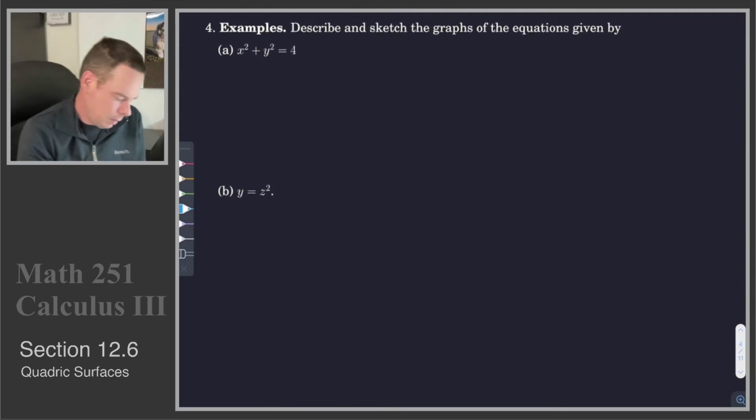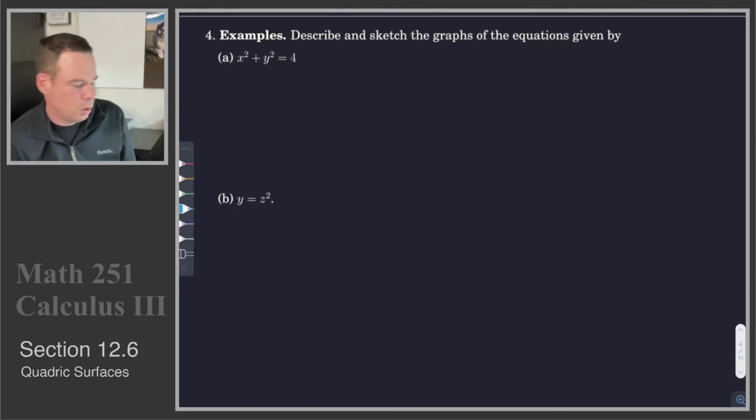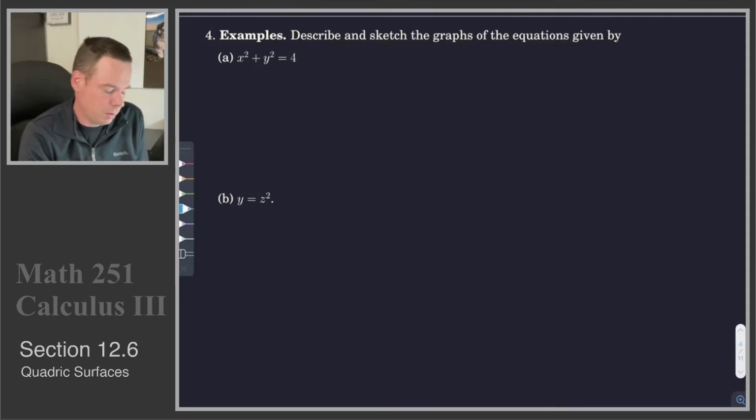Now let's get some practice in sketching some graphs, and we're going to use the idea of traces to do that. So this next one is x squared plus y squared is equal to 4. So we want to find the set of all points x, y, z. Again, we're in 3 dimensions, so it's all points with coordinates x, y, and z that satisfy this equation.